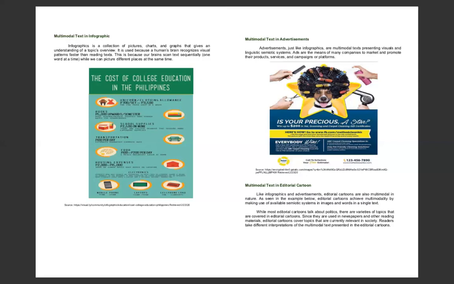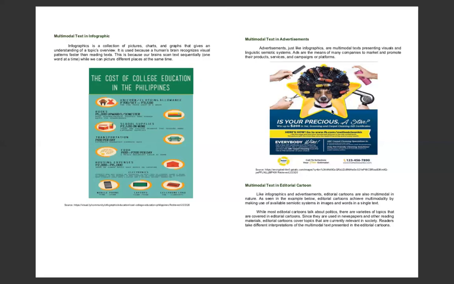Next is multimodal text in advertisements. Infographics could also be part of an advertisement. That is why I said how to prevent from having COVID-19. So that is one example of an advertisement. Advertisements, just like infographics, are multimodal texts also, presenting visual and linguistic semiotic systems. Ads are the means of many companies to market and promote their products, services, campaigns, or platforms.